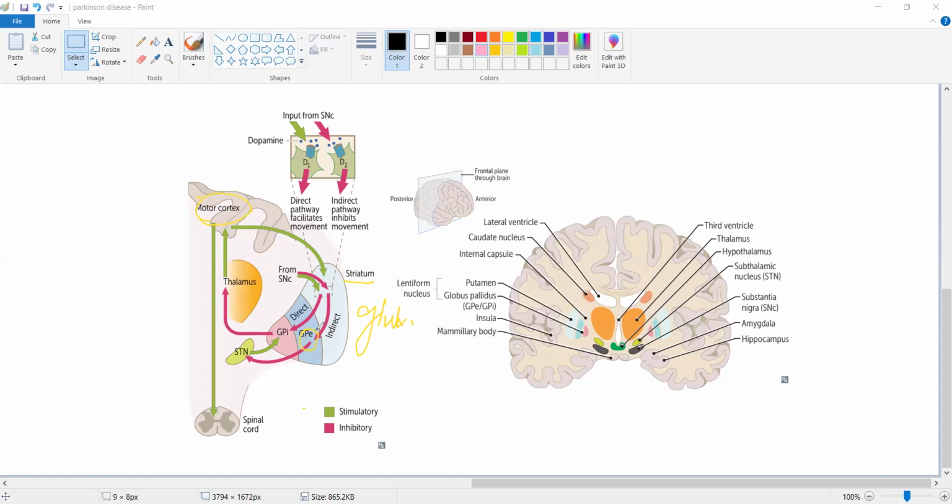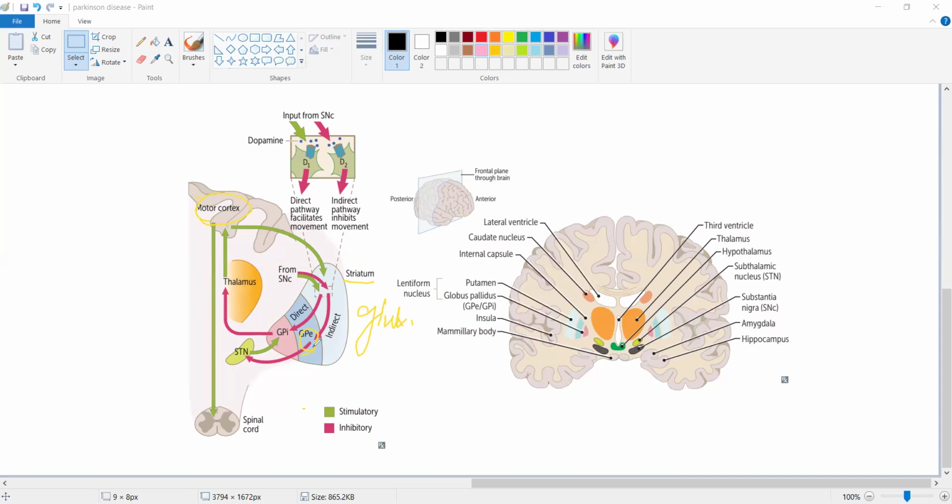So in indirect pathway, cortical input stimulates the GABA release from the striatum, which inhibits the GABA release from the globus pallidus externa, right?